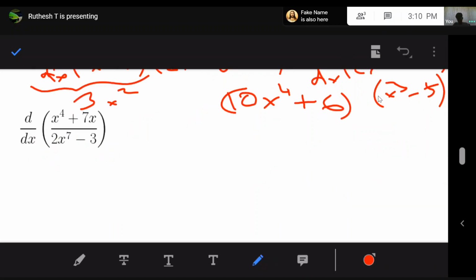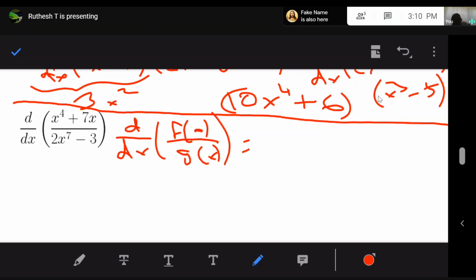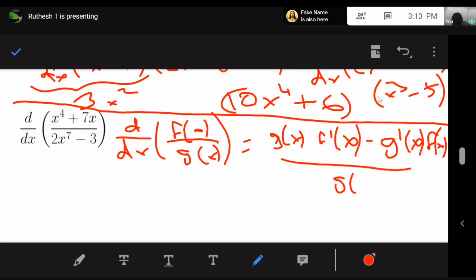And for this second problem, you use something called quotient rule, which states that the derivative of a quotient of functions is just the bottom function times the derivative of the top, minus the derivative of the bottom function times the top function, all over the bottom function squared.